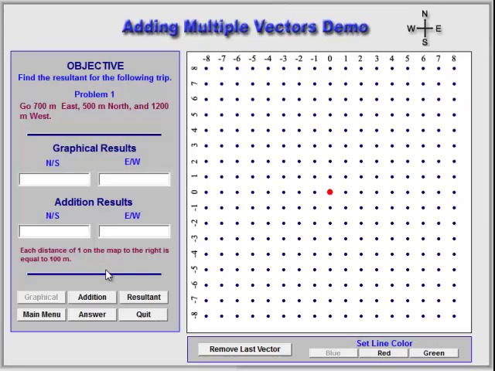Obviously, you can just go to the software and use the simulation here to draw vectors head to tail in any way that you want. If you want to illustrate how vectors add together, you can also just get rid of the vectors if you make a mistake. Again, you can change the color. So this is kind of a portable vector play kit that you can use for a lot of other applications as well.